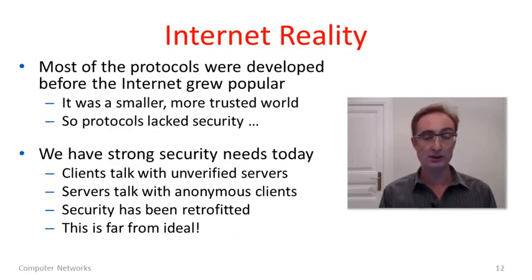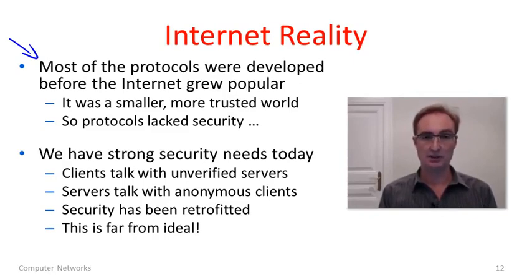Okay, and one more point to make, just as our lead into security. And that's to give you a sense of the internet and where security fits in. Actually, the internet's a little different in terms of security. Most of the key protocols, all of the TCP, IP, DNS, all of the protocols we know and love, were developed well before security problems became a pressing issue.